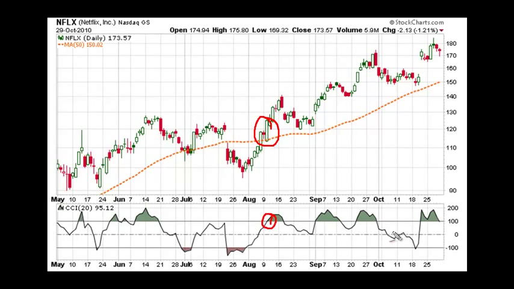And it would be at this point right here. And if you look, the stock moved up from around 115 from where you bought it to around 150. So you would participate in this move right here.